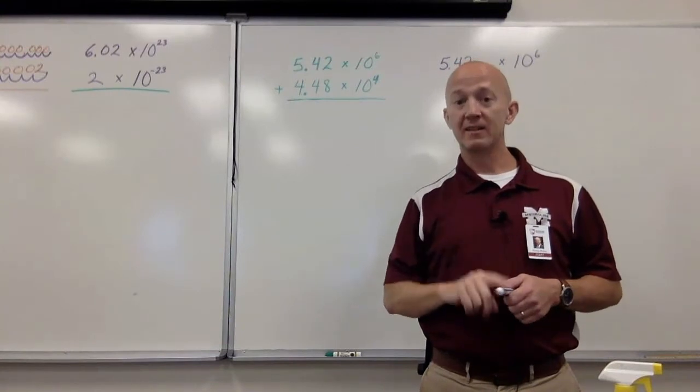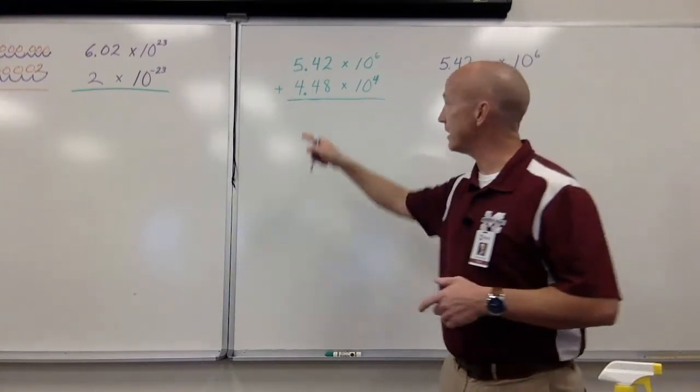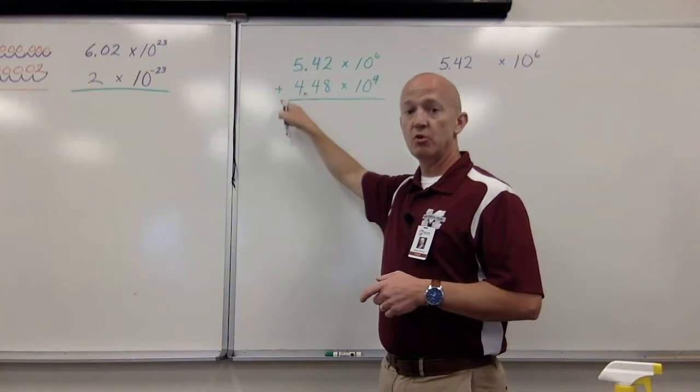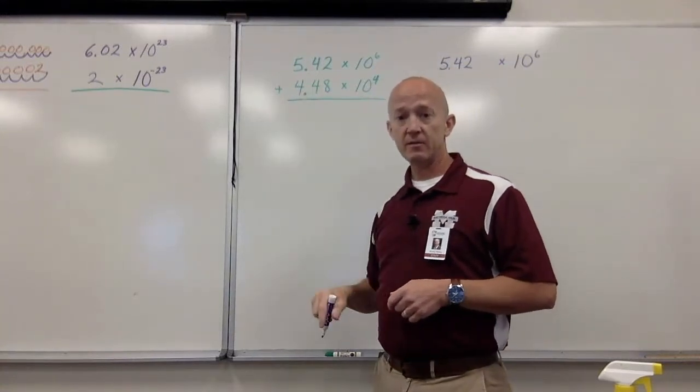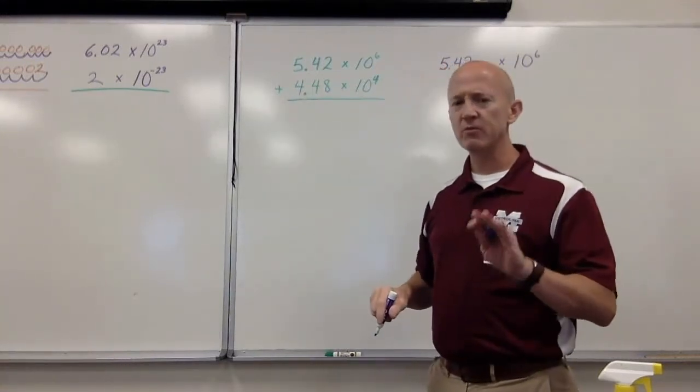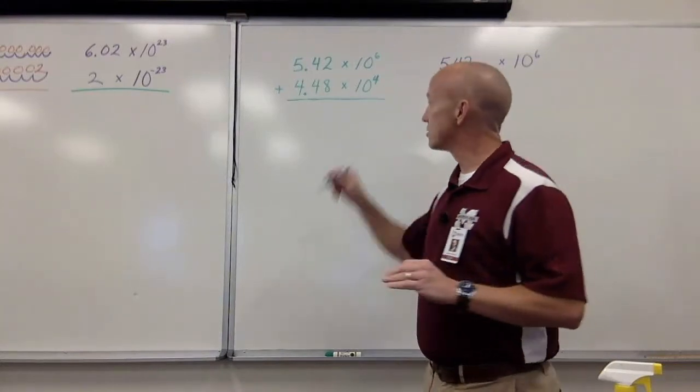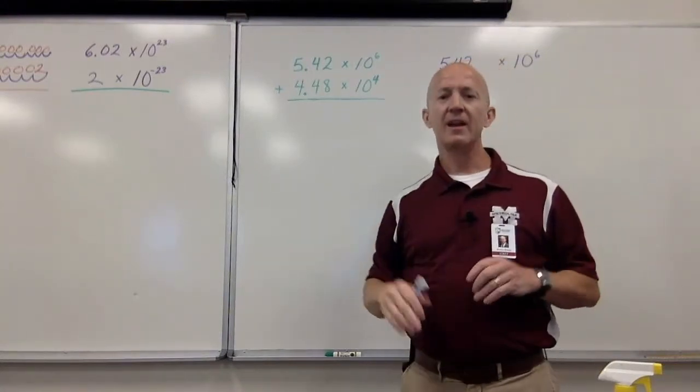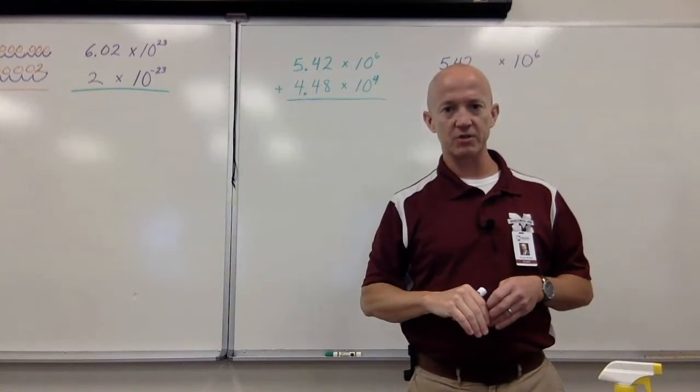Which way? Left. So I need to take this decimal 2 places to the left and temporarily write a new number so that I can add these two together, and then I can put it back in scientific notation.